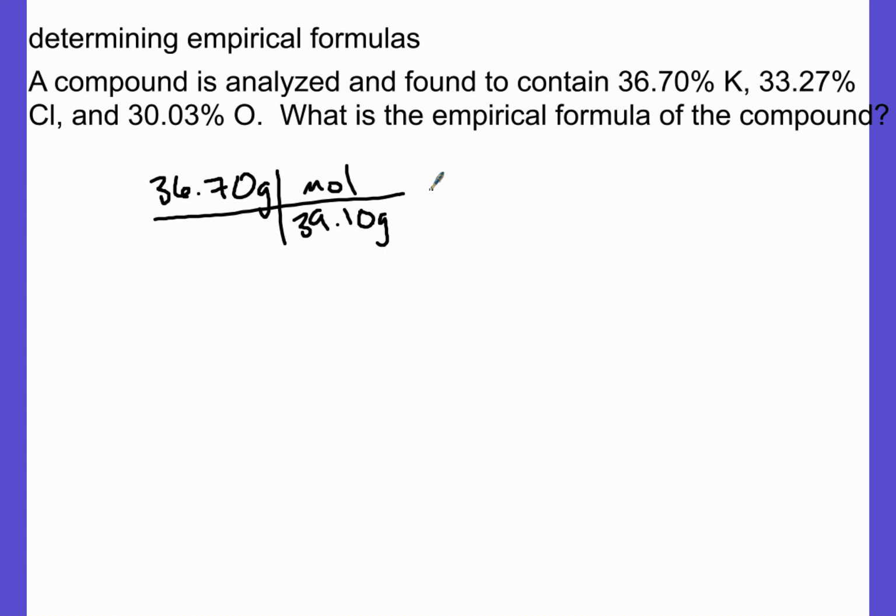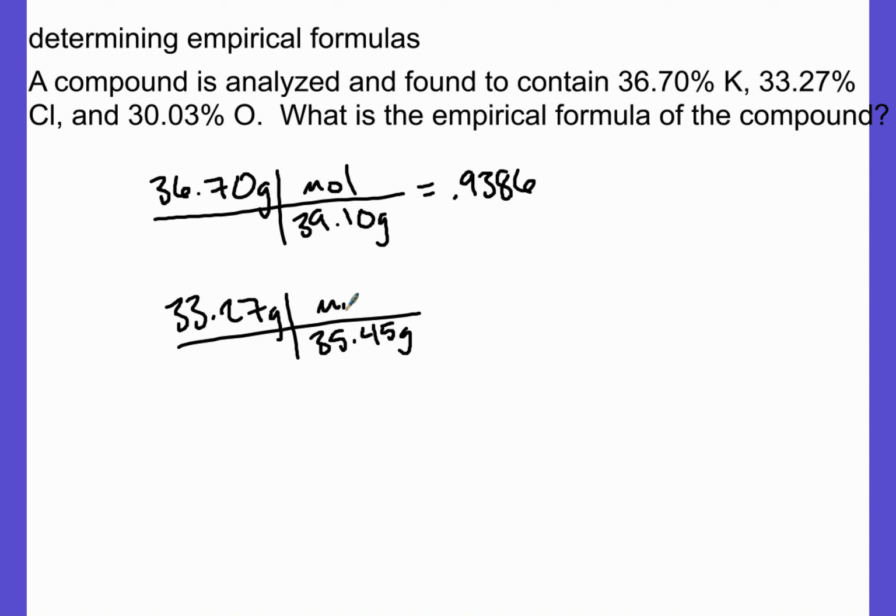This would give me 0.9386, it looks like, moles. And then I do the same thing for the chlorine, so 33.27. I'm going to assume that's a gram value, and I'm going to divide by my 35.45 grams per mole.